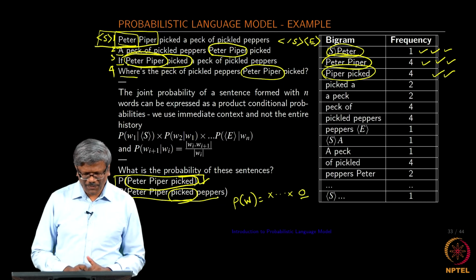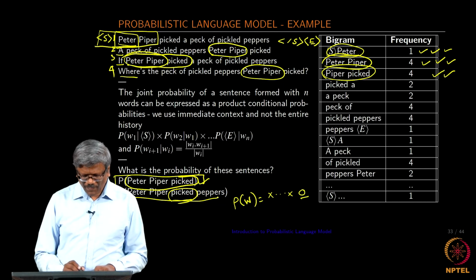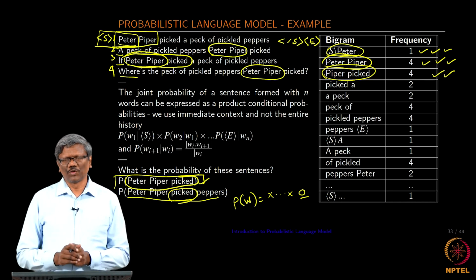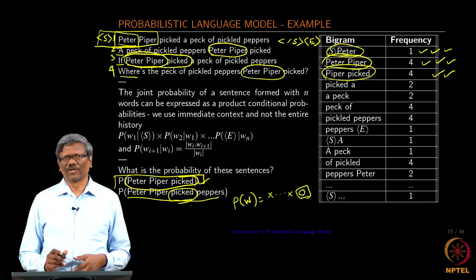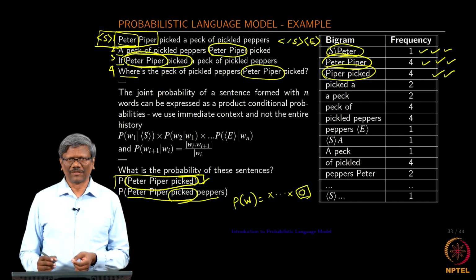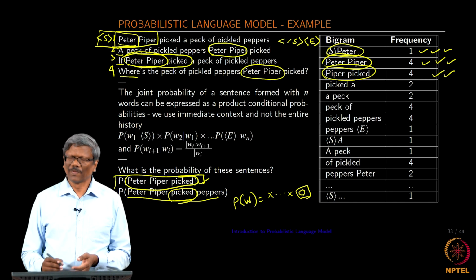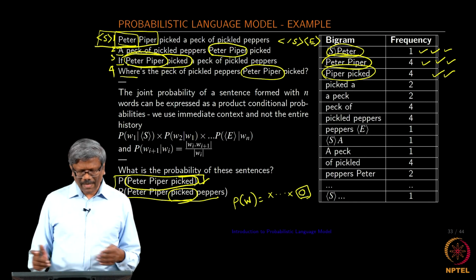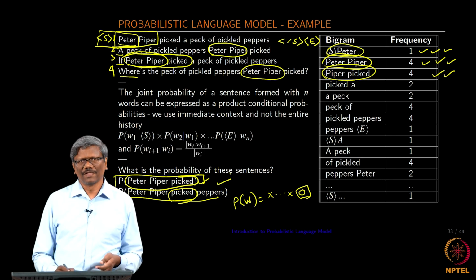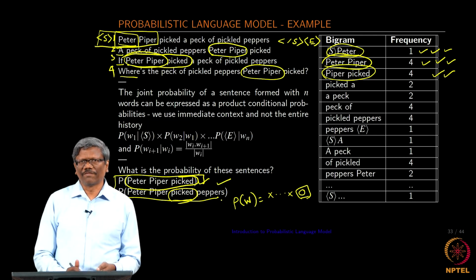So what we do here is we use some kind of a smoothing parameter, so that this particular 0 is going to have some value greater than 0. So the probability of this sentence will not be as high as what we see here, but we will have some value related to that.